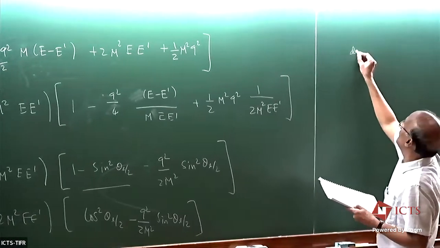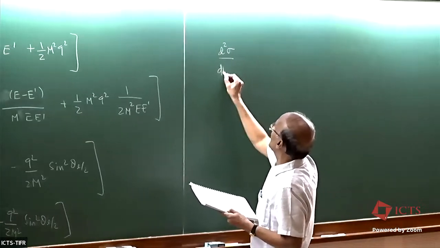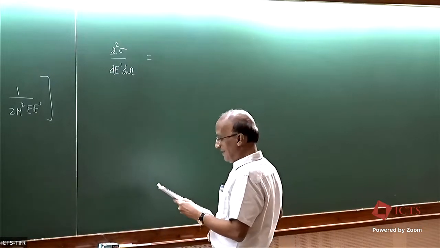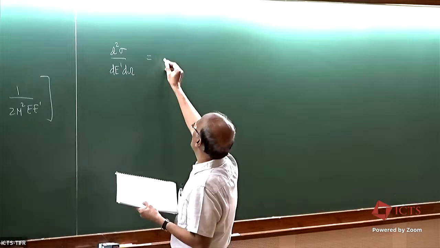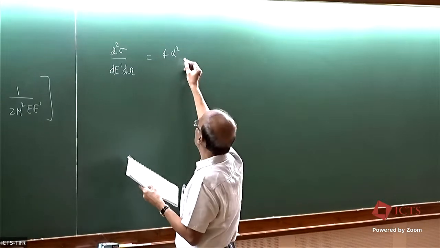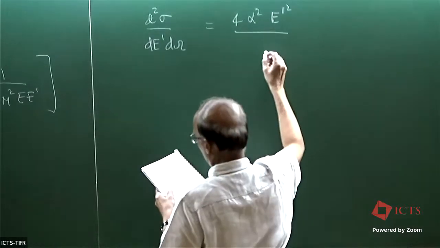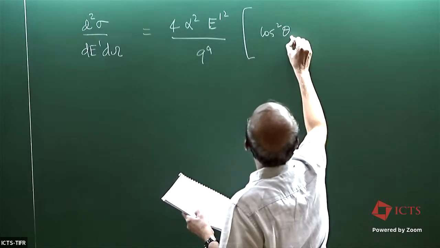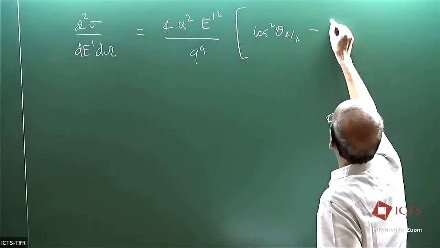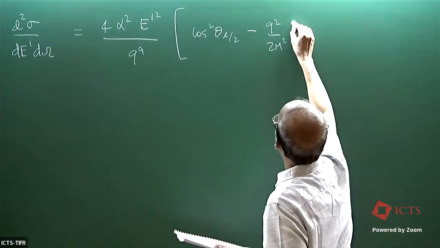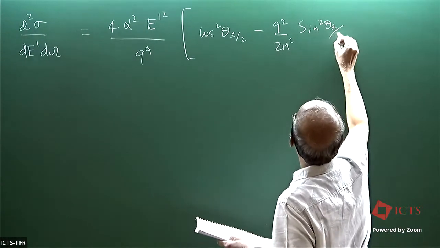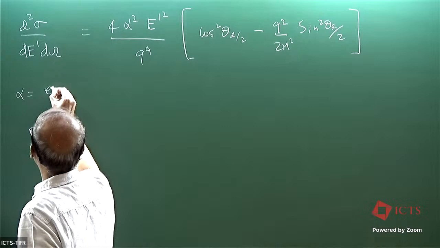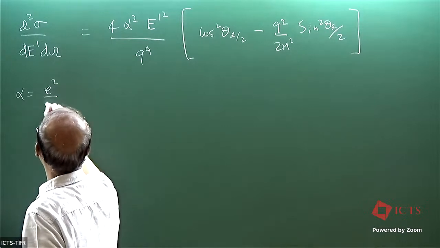If I substitute everything and then bring this dΩ to the left, what you will get is 4 times alpha square times E prime square over q power 4, into cos square theta L by 2 minus q square by 2m square into sine square theta L by 2. Where alpha is the fine structure constant defined by e square by 4 pi.